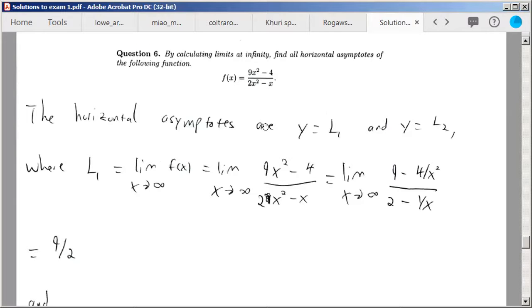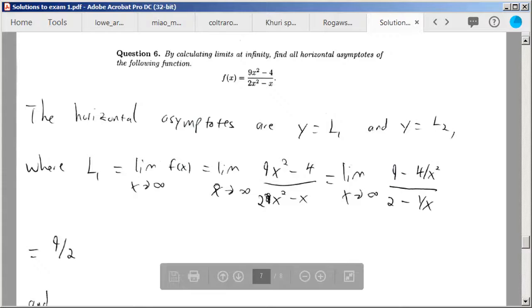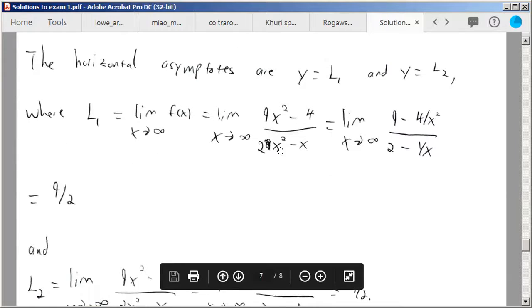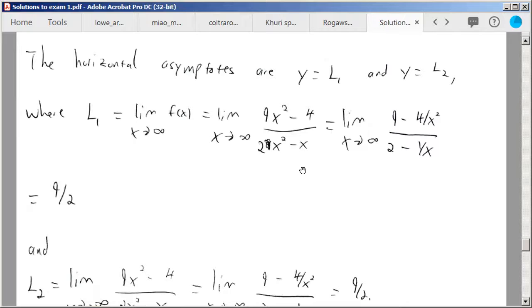And for question 6, you can kind of look at this and know that the answer is going to work out to 9/2. But it speaks to what we were talking about, because you don't want to just write down 9/2. You want to explain, I know what an asymptote is, and you want to show you can do the calculation. If you just plug in x equals 0, you'll get indeterminate form, so it'll bug out on you.